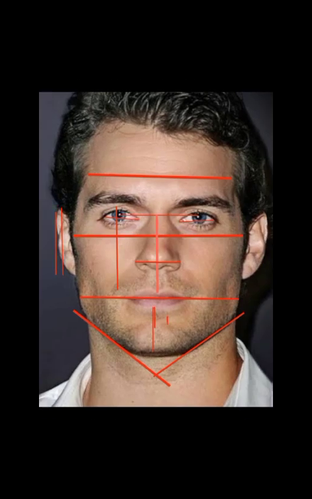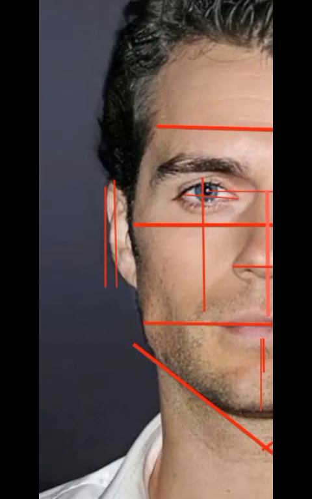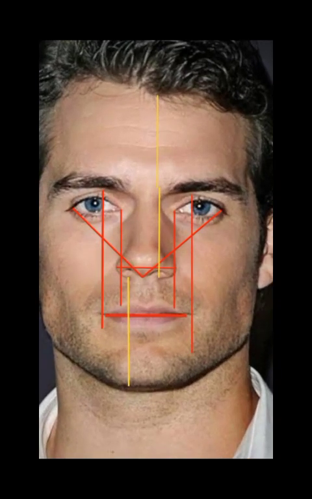The mouth to nose ratio is also in the ideal range, but his mouth is small for the entirety of his face. Compared to his nose, it's perfectly alright, but compared to the entire face, it's a bit on the smaller side.